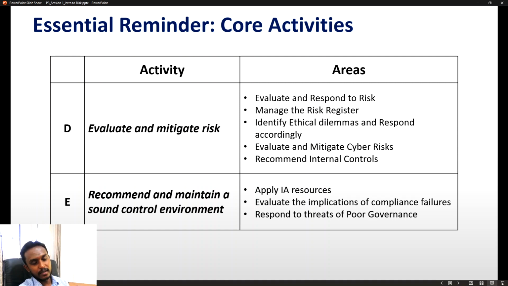In P3 you're tested on core activity D, evaluate and mitigate risk, under which you get to evaluate and respond to risk, manage the risk register, identify ethical dilemmas and respond accordingly, evaluate and mitigate cyber risks, and you also get to recommend internal controls. In E, which is all about recommending and maintaining a sound control environment, you get to apply internal audit resources, evaluate the implications of compliance failures, and respond to threats of poor governance.